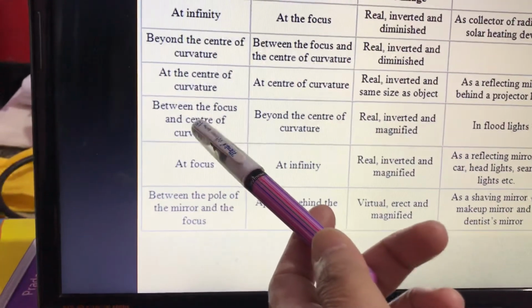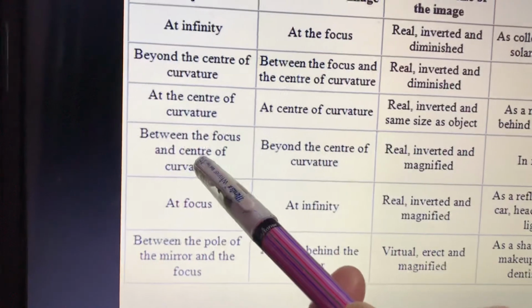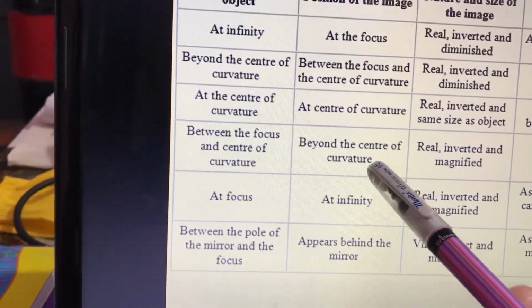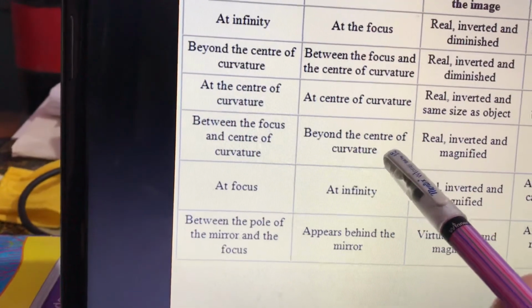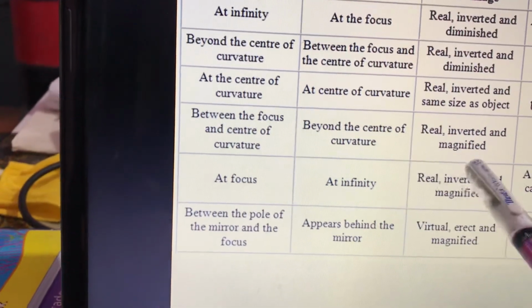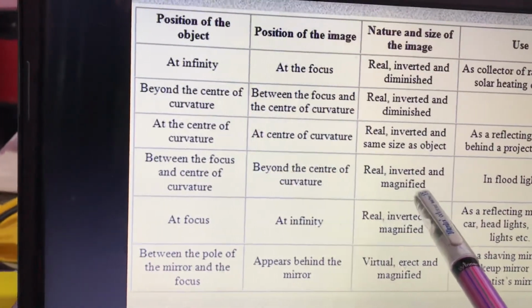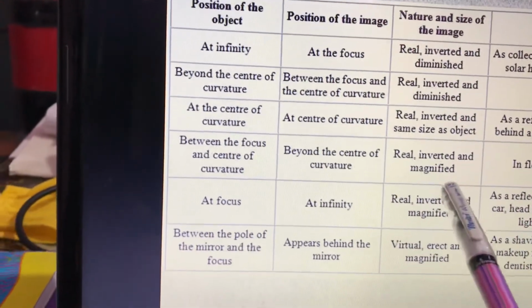Then if the object is placed between focus and center of curvature, F and C, the image formed is beyond the center of curvature, real, inverted and magnified. Magnified means larger in size.